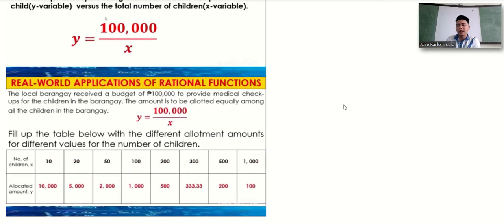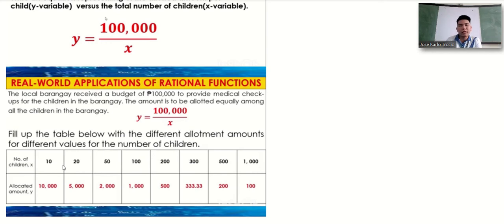You have the domain, which is the input. So for example, you have 10. It is up to you now how to input, or how many children, in this example.